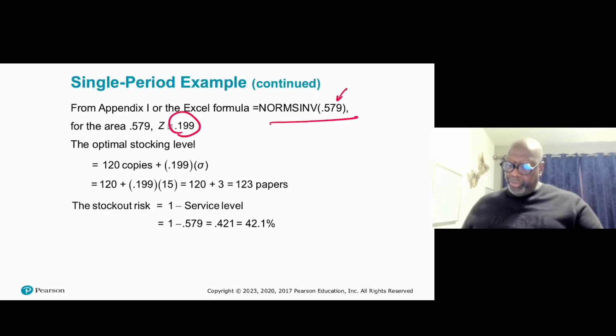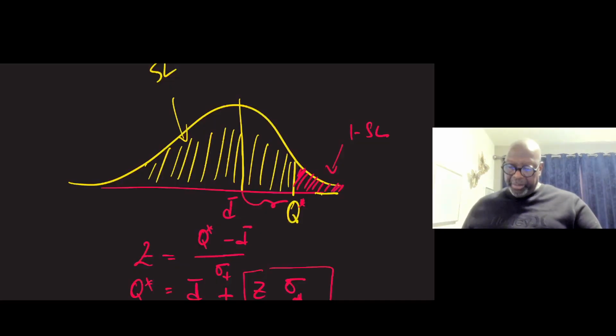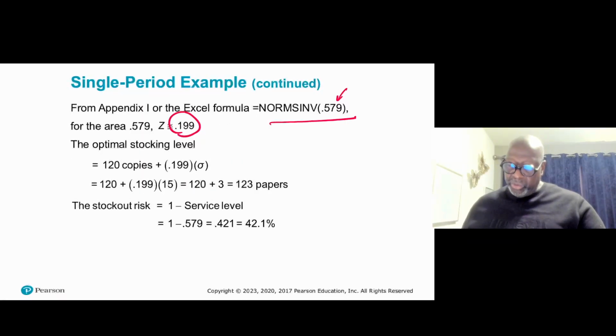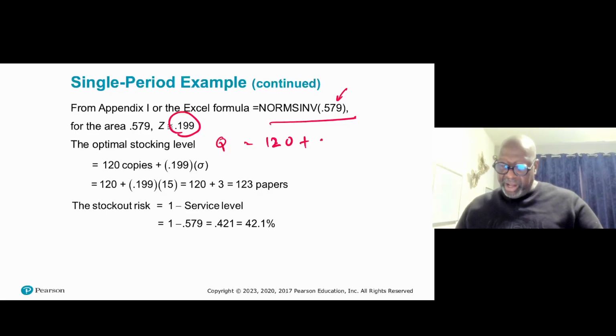So if you go back to the formula that I mentioned over here, where the quantity is Q, it's the average demand plus Z times the standard deviation of demand. So our average demand was 120, right? So our optimum stocking level Q was 120, that's our average demand, plus our Z value, 0.199, times the standard deviation of the demand, which is 15.